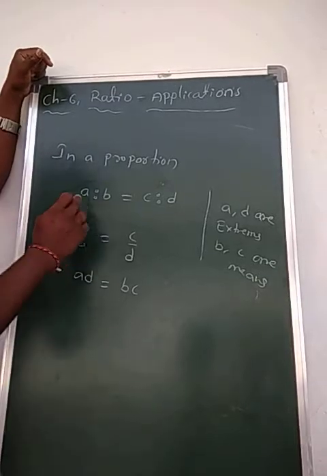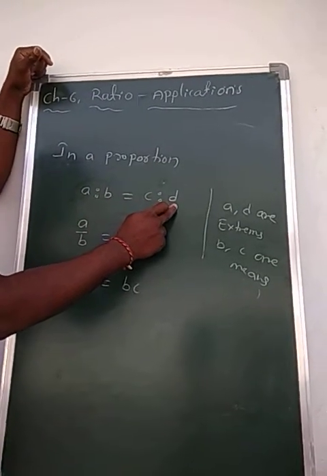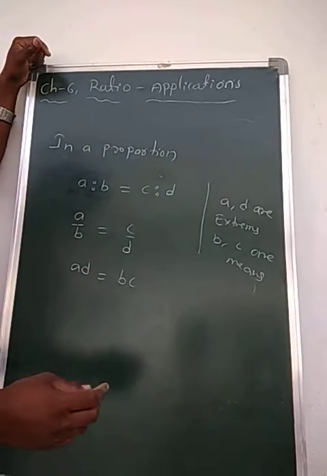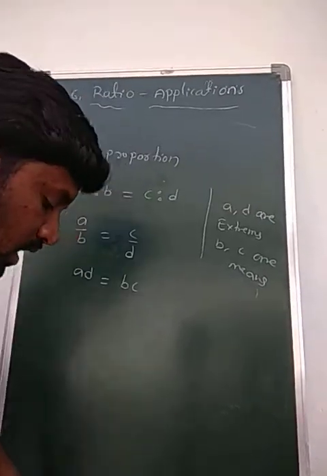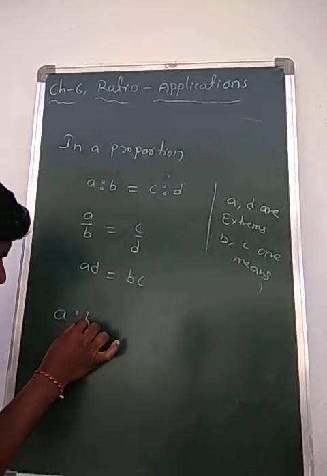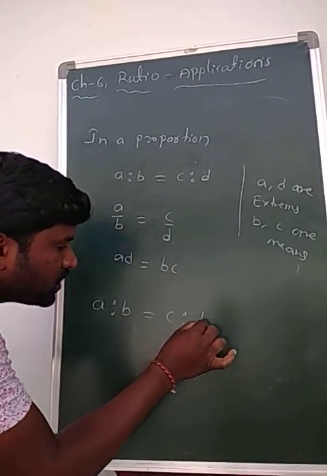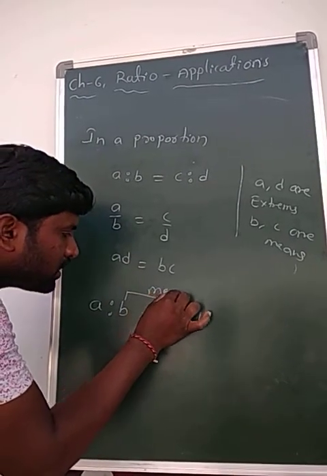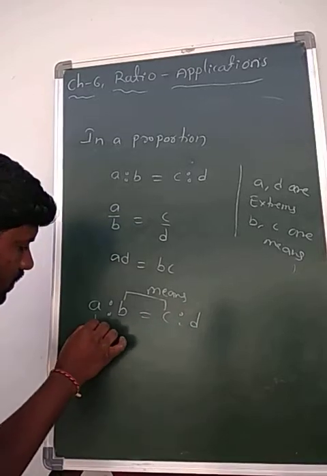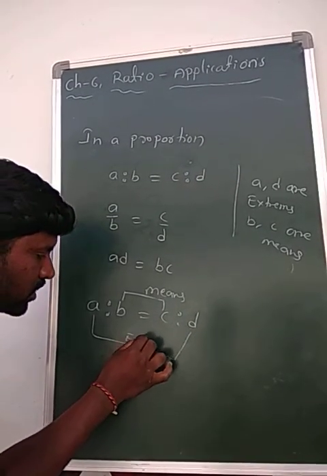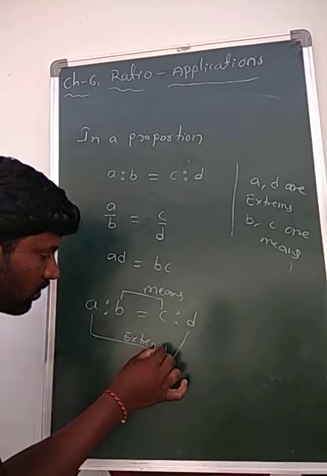Now we can write A is to B is equals to C is to D. These are means, and the first term and fourth term are extremes.